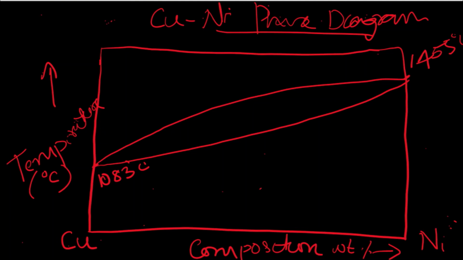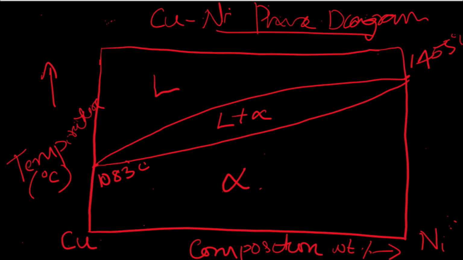Above this hyperbolic curve, the entire system remains as liquid. And below this curve, the entire system remains as solid, and putting a sign for solid, that is alpha. So in this portion it will be liquid plus alpha. So the copper nickel phase diagram is as simple as that. Above this curve it is liquid, below this curve it is purely solid, and it is denoted by alpha.